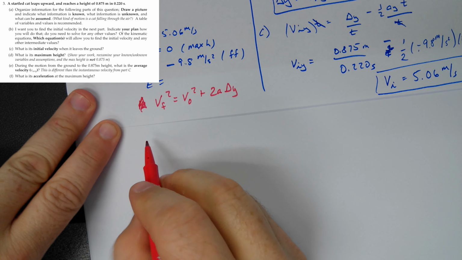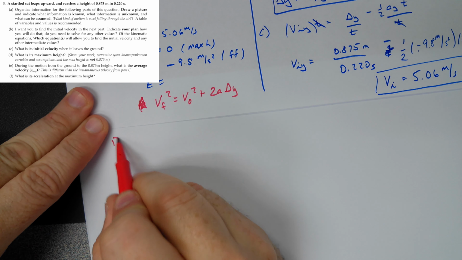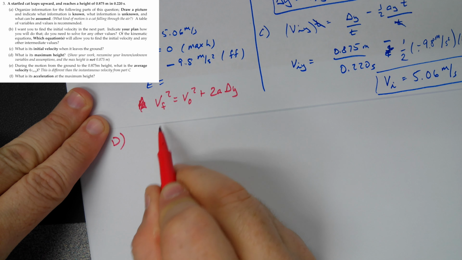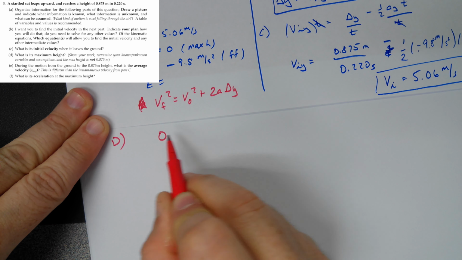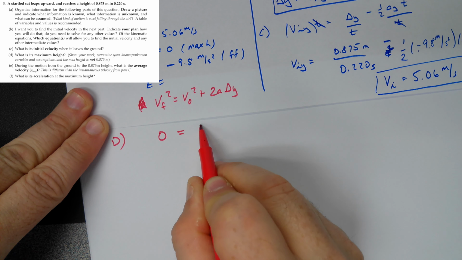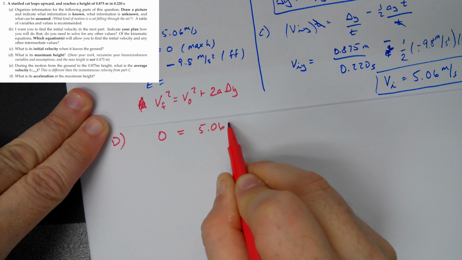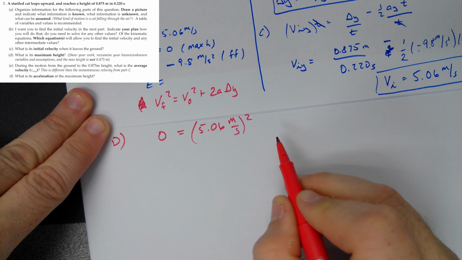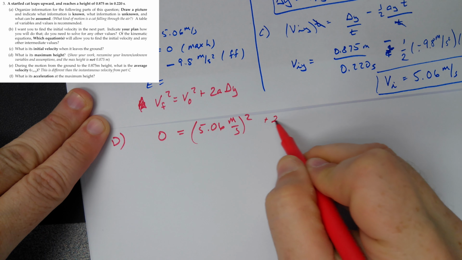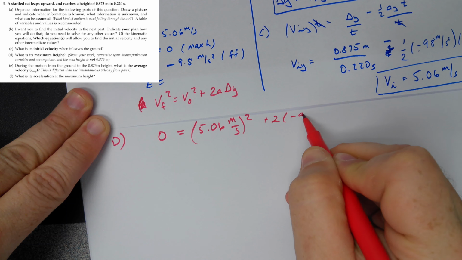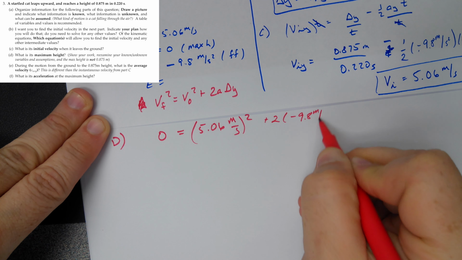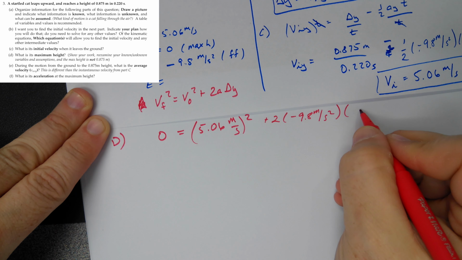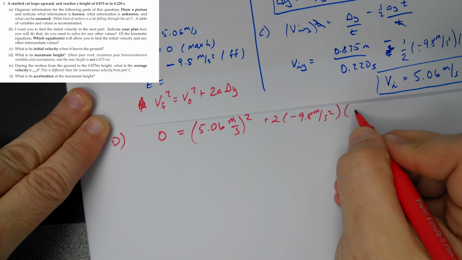This is part D again. We know v final is 0. v initial is this 5.06 meters per second, squared, plus 2 times minus 9.8, and we will have a delta y here.